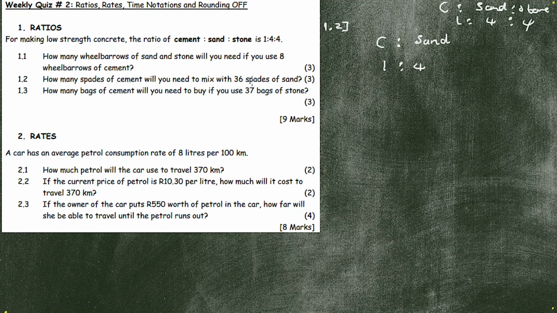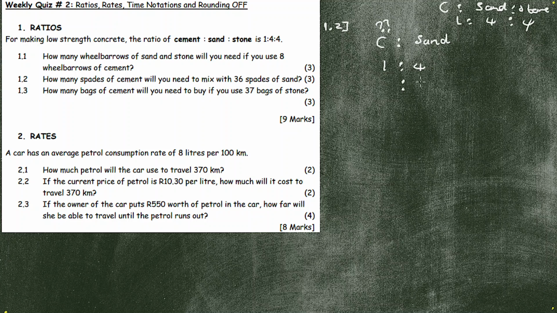I am given 36 spades of sand, and I want to find out how many spades of cement I will need. There's a ratio of 1 to 4.